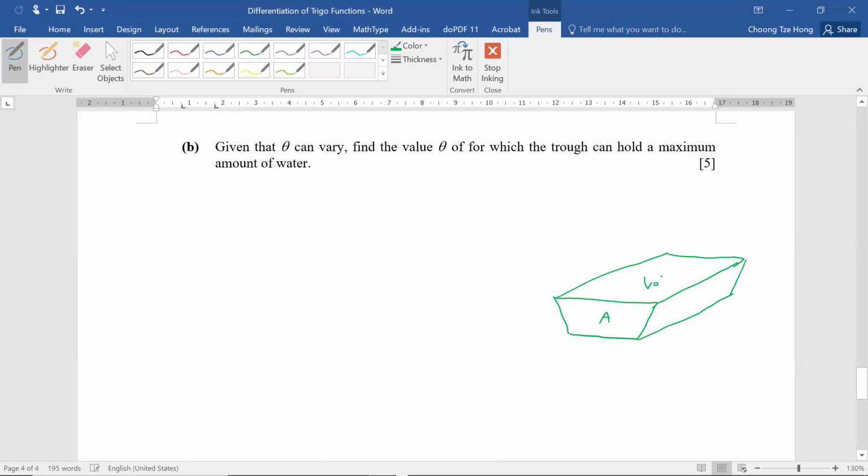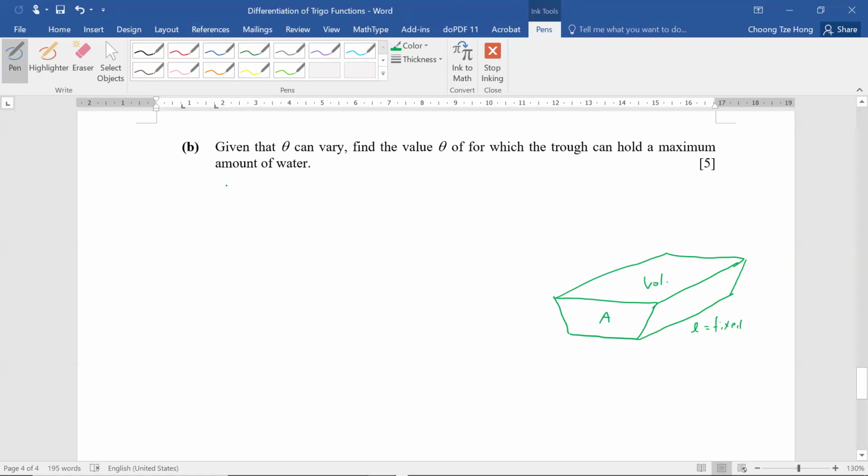To get the maximum volume over here, we will need to have the maximum area multiplied by this length. This length of the trough is fixed. So to get the maximum area, we want the angle theta, which you can change, such that you get the maximum area so that the volume will also be subsequently maximum.